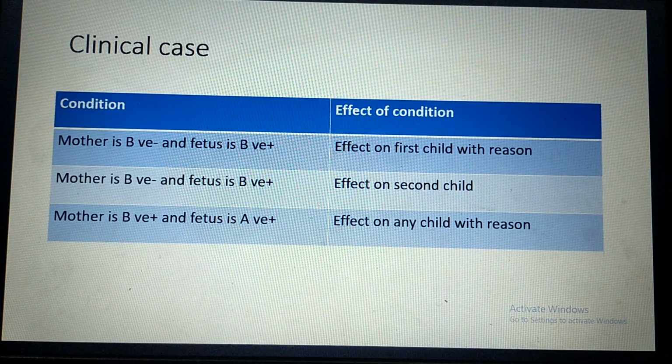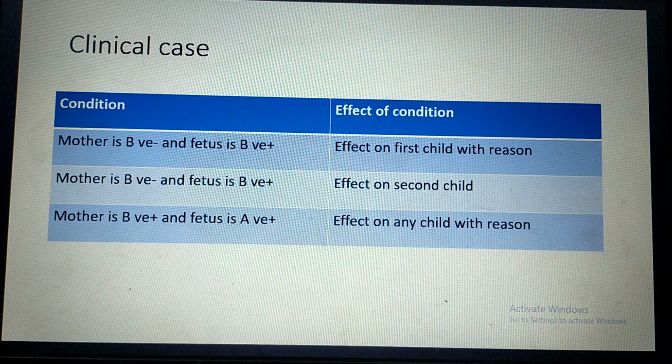Mother with Rh negative and fetus is Rh positive. Effect on first child: there is no effect on the first child. What is the reason? Because Rh positive means the Rh antigen is present, and this Rh antigen is present in the fetus.